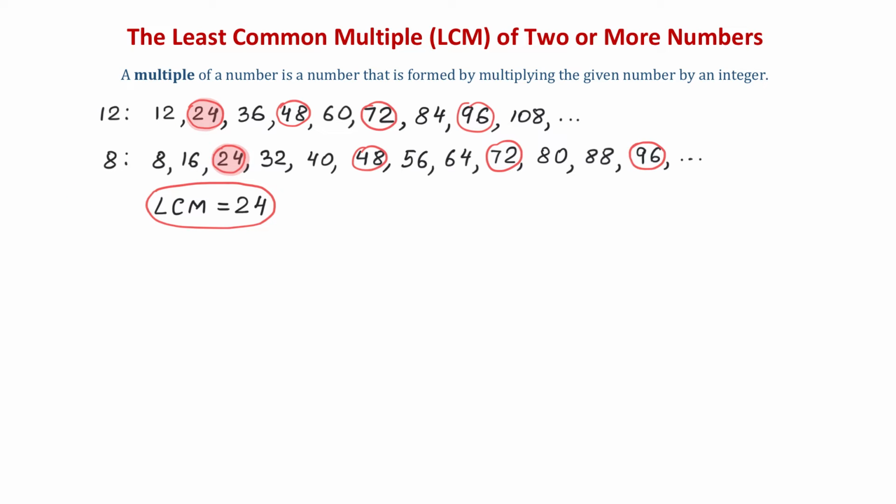However, this method is not always the most effective one because sometimes we may need to write a long list of multiples until we find a common one. Therefore, another method of finding the least common multiple is to use prime factorization. Then let's see how we can find the least common multiple of 12 and 8 using prime factorization.